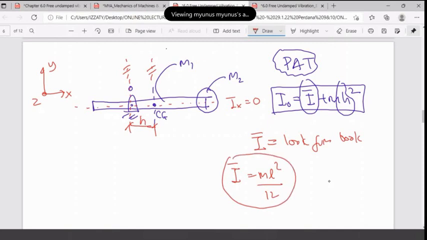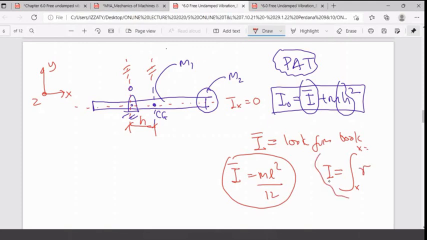You have to do some integration, because I is equal to the integration of r squared dm, from x something to x something. We don't learn this one here; we are going to use this one only. This one is in the table. You have to memorize this one. Okay, so that is one thing.